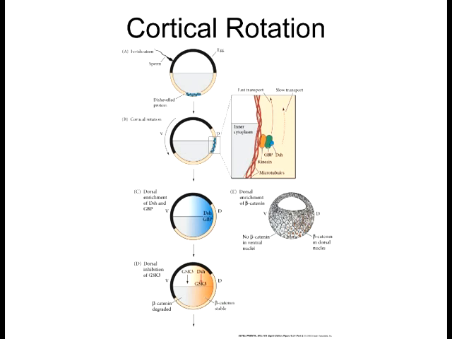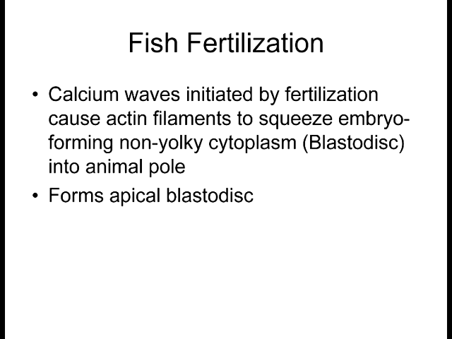So let's talk about fish fertilization. We've talked about the calcium waves that usually come about because of the fertilization. These calcium waves will help initialize some of the maternal components and allow the genes to be translated into protein and then start the ball rolling.